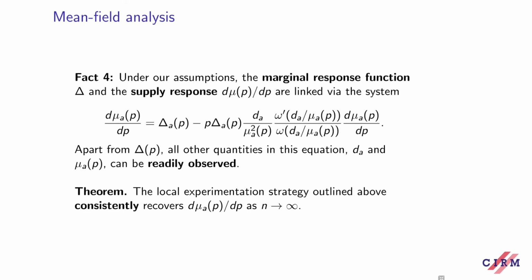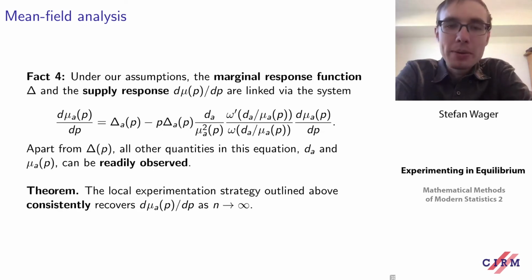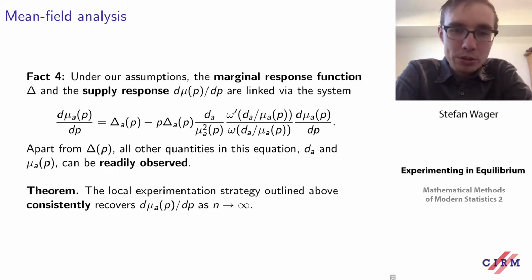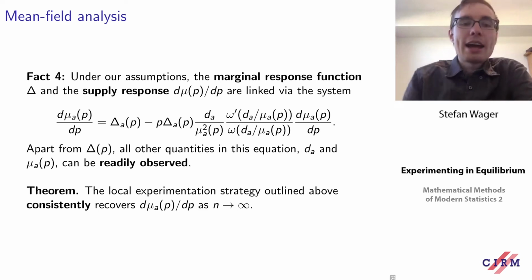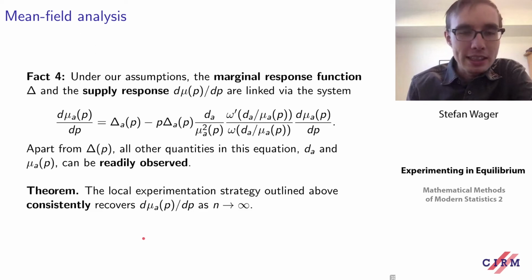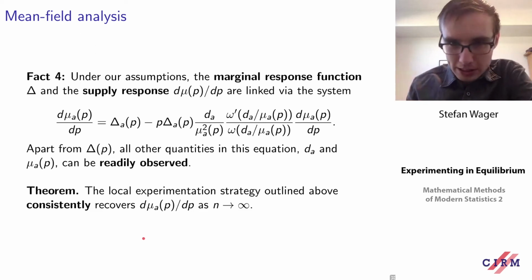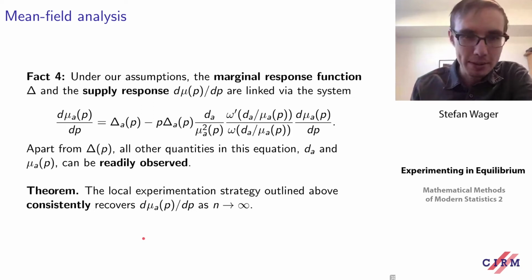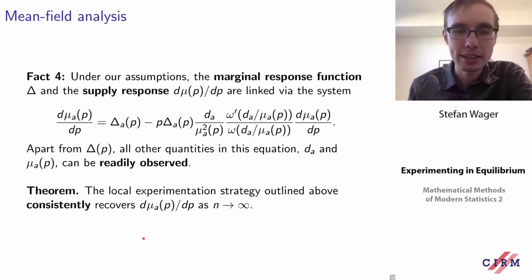What's easy to estimate is delta, which answers the question, if we keep the system in equilibrium and we pay one person more, how much more likely is that person to join the marketplace? And d mu dp and delta, under the assumptions of the model I wrote down, are linked. The mean field limit governing all these things links them by the following system.